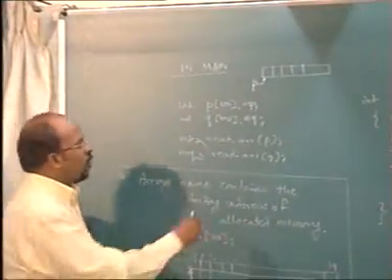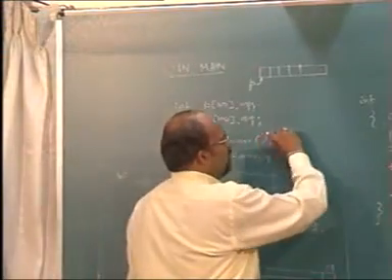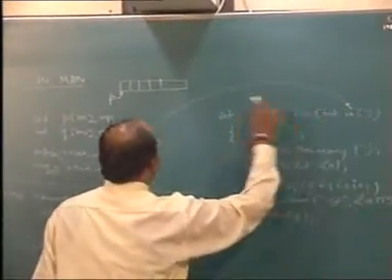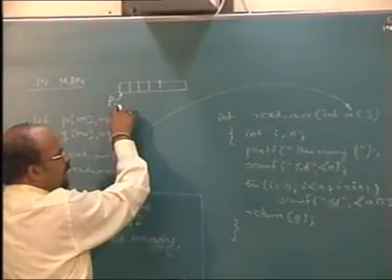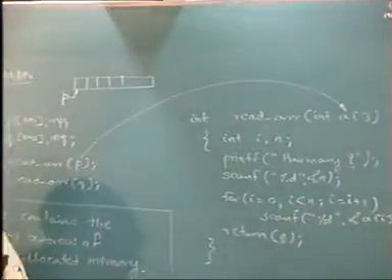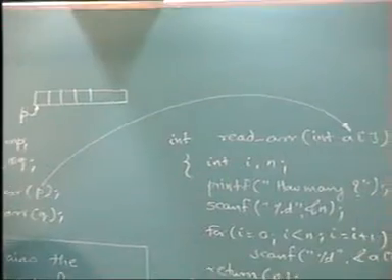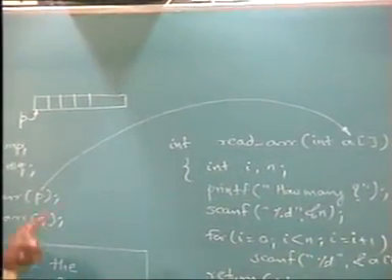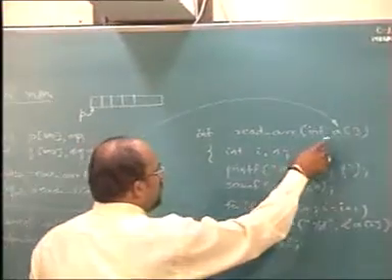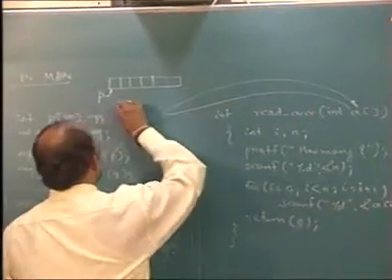Now when I call the function, the array name, that is the address, will be transferred to A. The address will be transferred to A, and A will use the same memory location. So A in turn will refer to the same memory location.